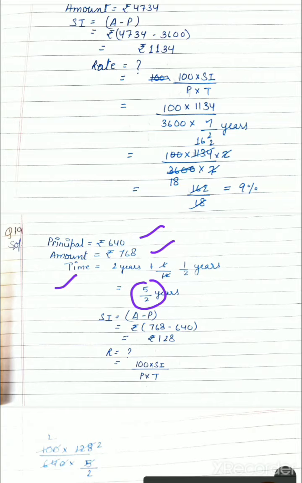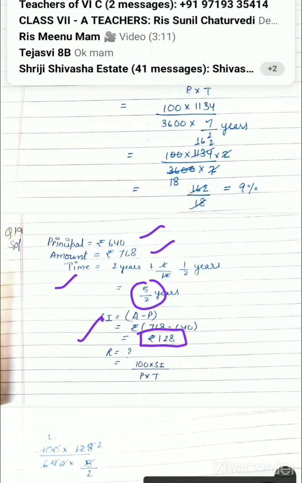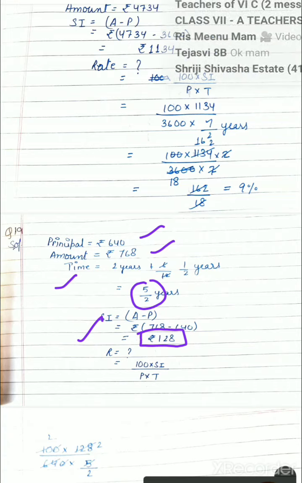First of all in this case we have to find out the rate of interest, as we have done in question number 18. First we will calculate SI with the help of amount and principal. We will get the answer 128. Now, we will use this formula, 100 into SI upon P into T. Clear?